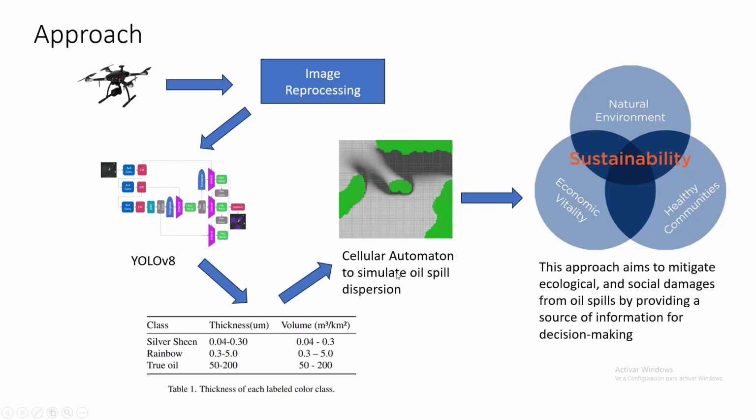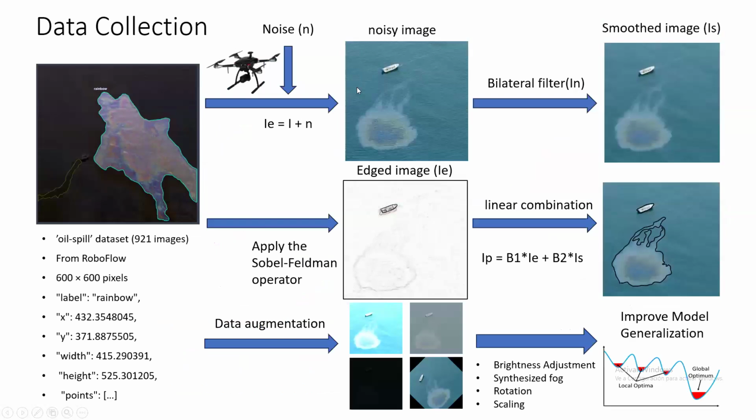Next, I use a cellular automaton to simulate oil spill dispersion. To train models, I use oil spill image data from Roboflow. This provides 600 by 600 resolution images labeled by thickness color class.